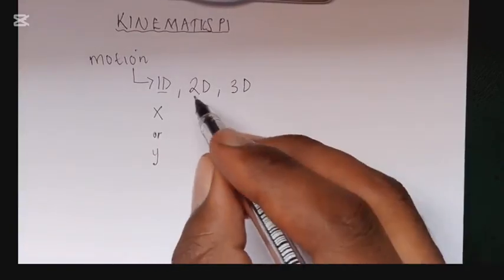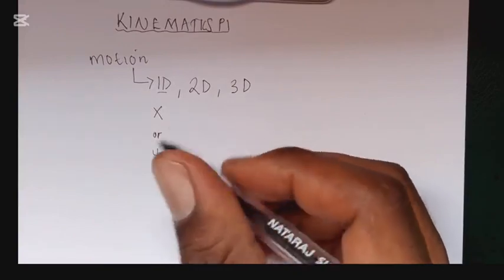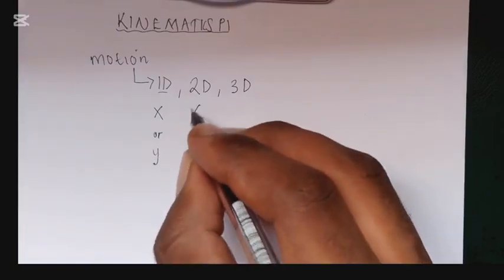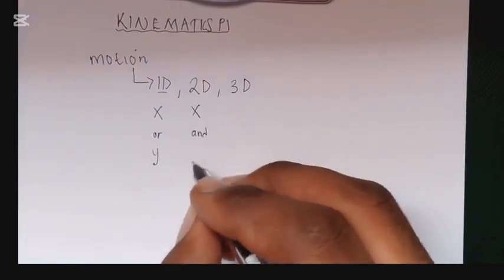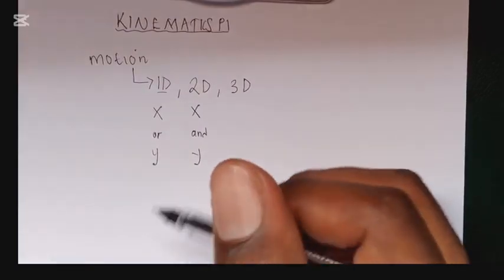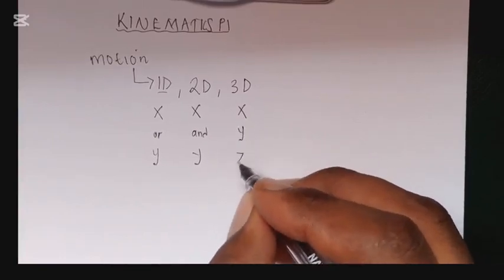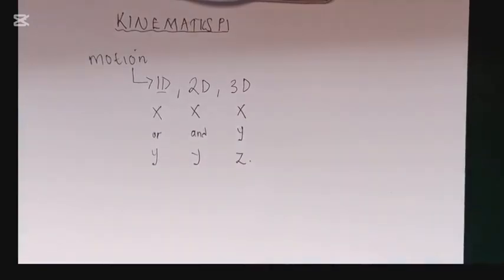If anything is in two dimensions, meaning this particle is neither moving in the x nor in the y, it's in between the x and the y axis. Then for 3D, we have three axes, which are x, y, and z. So just remember to say motion involves the change of position with respect to time.